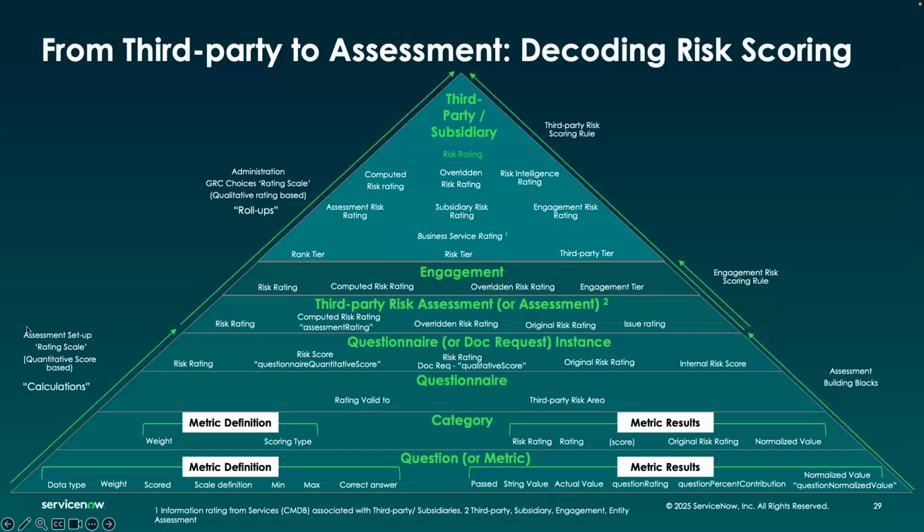All right, at the bottom of the pyramid, we see question or metric, category, and questionnaire. From a data model standpoint, this is your assessment metric, asmt_metric table.